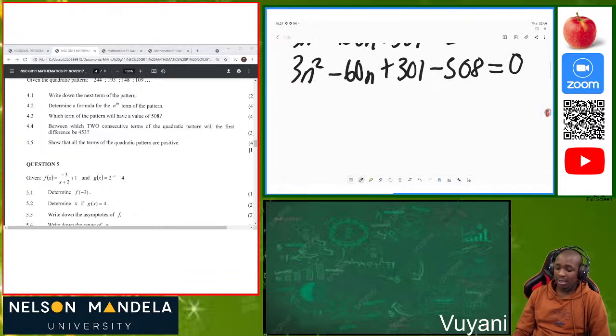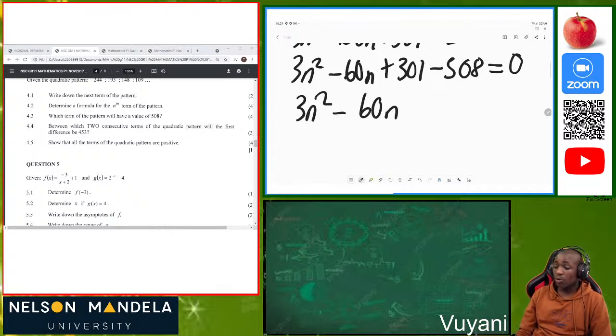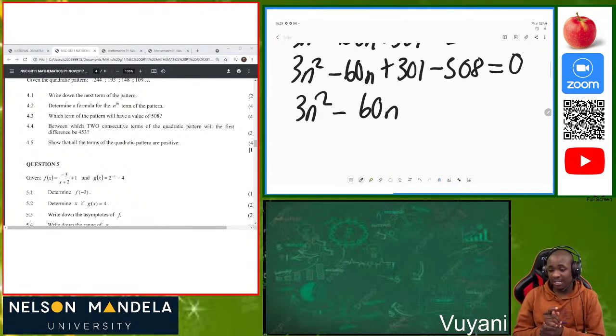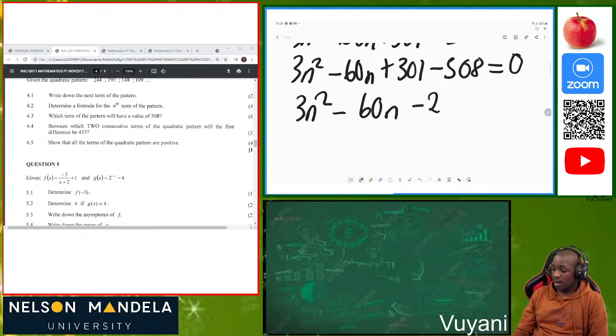Then these are like terms. So we say 3n squared minus 60n. Then using your calculator, 301 minus 508, I got negative 207 equal to 0.